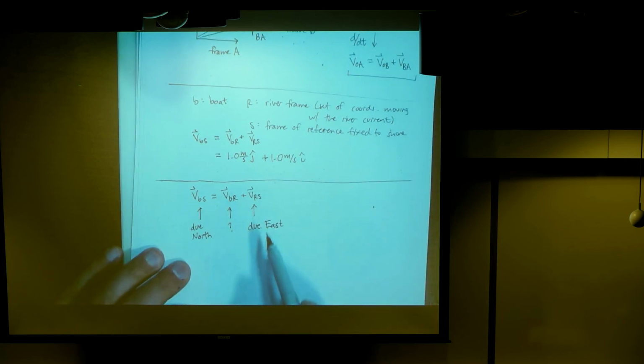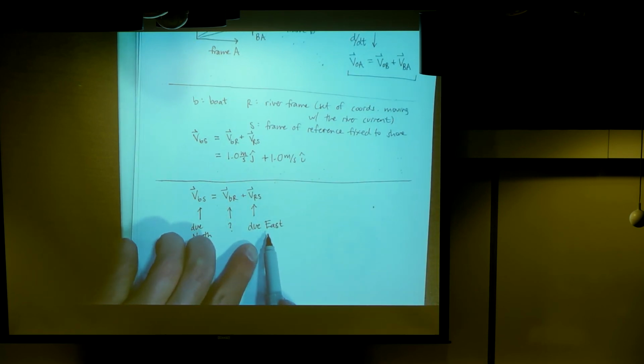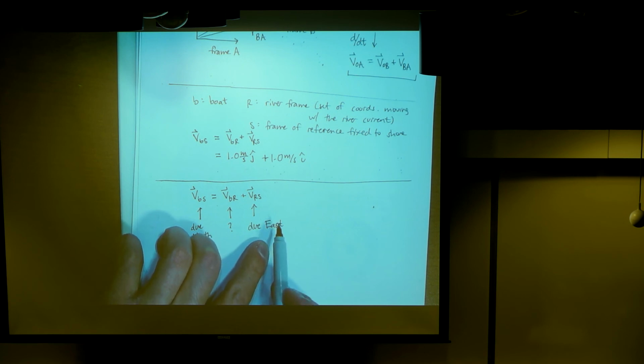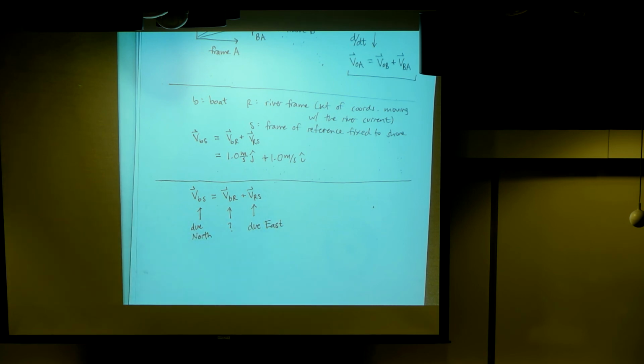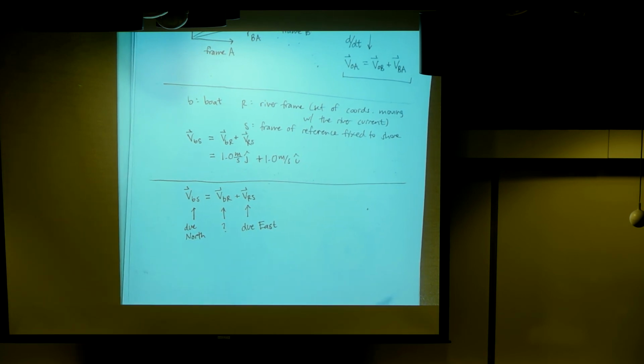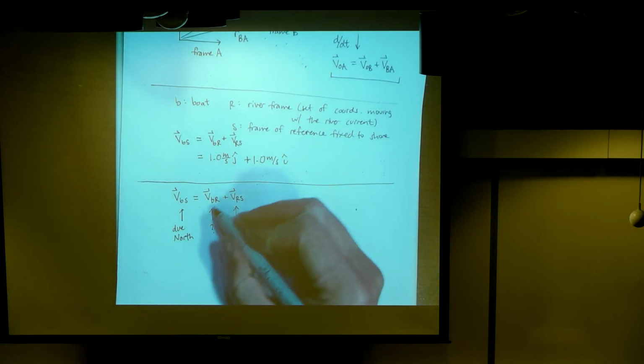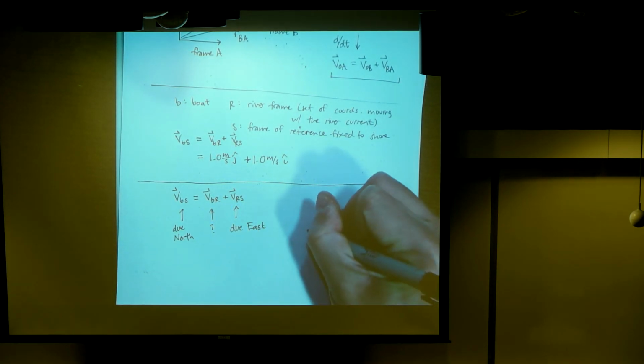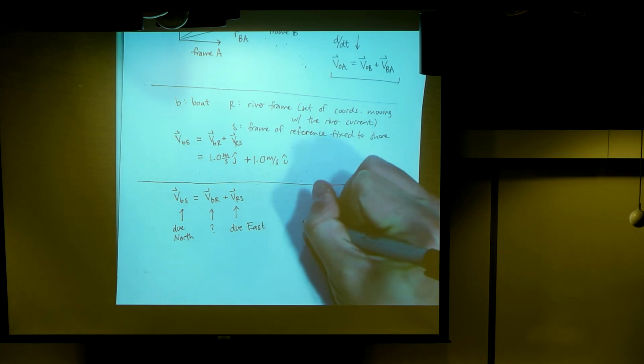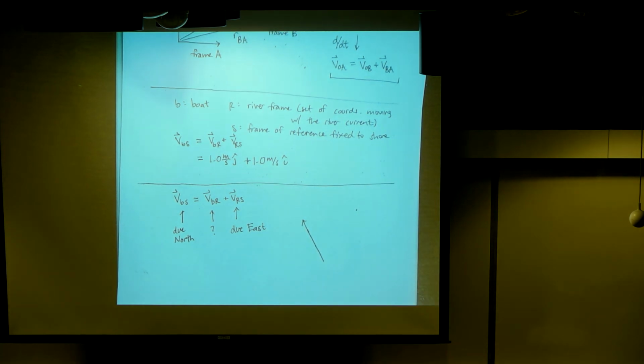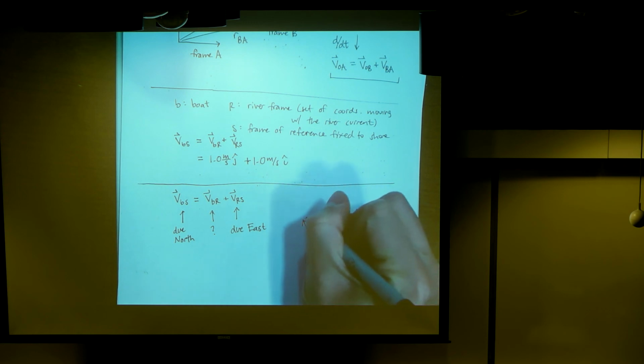So I'm going to add this vector to something that's pointing due east, and then I'm going to get something that's pointing due north. Can you see what this sort of looks like? This vector is going to be pointing into the second quadrant somewhat like this. Okay? My second vector is pointing due east.